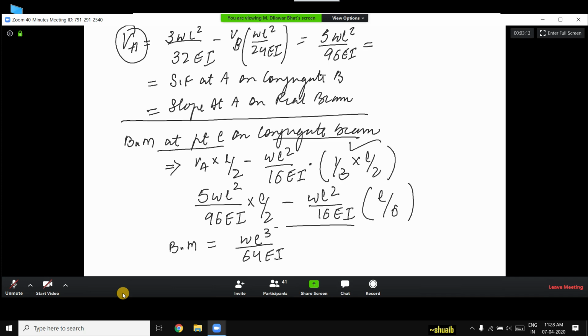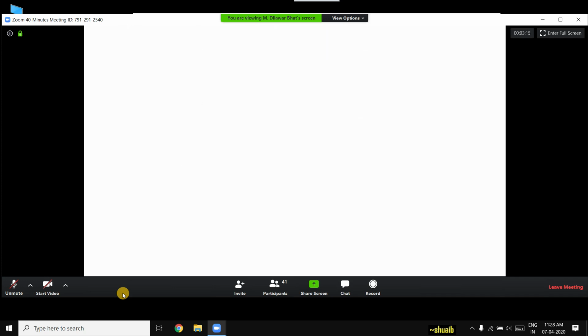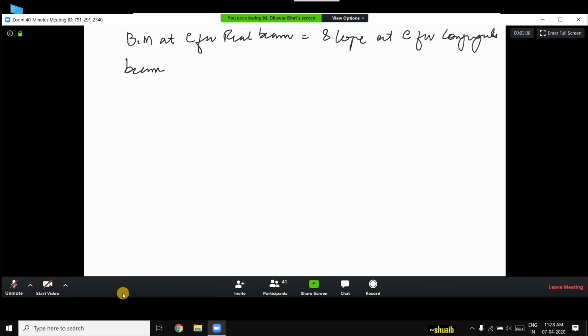This is your bending moment at C for the real beam, which is also equal to the deflection at C for the conjugate beam, which is equal to WL cube by 64 EI.